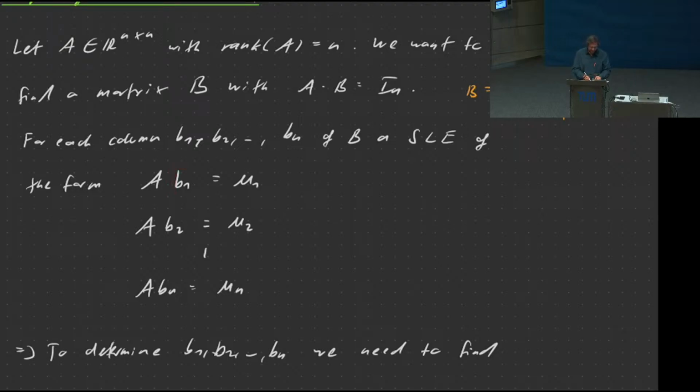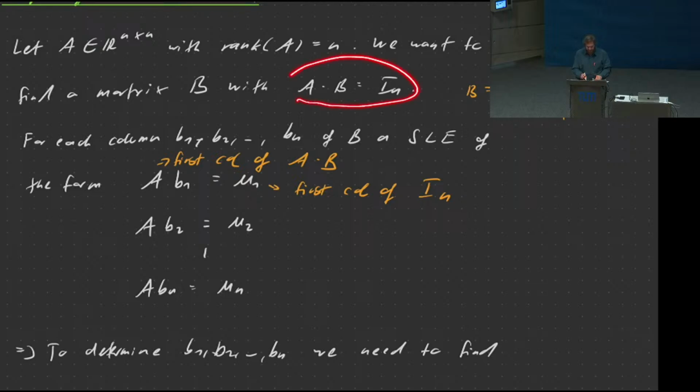So this here is going to be the first column of A times capital B. And that needs to equal the first column on the right-hand side of our equation, which is the unit vector u1, right? 1, 0, 0, 0, and so on. That's the first column of this. So if you want to satisfy this equation, then specifically this equation needs to hold.